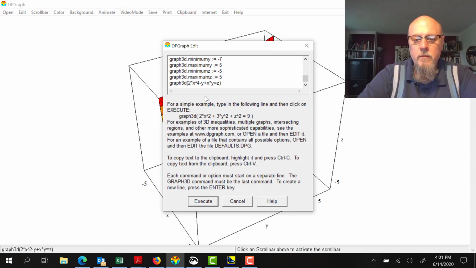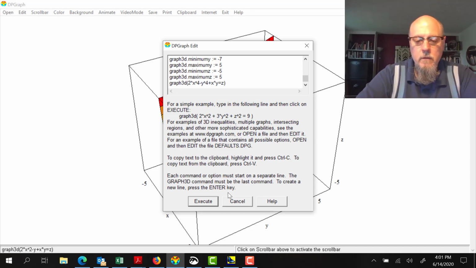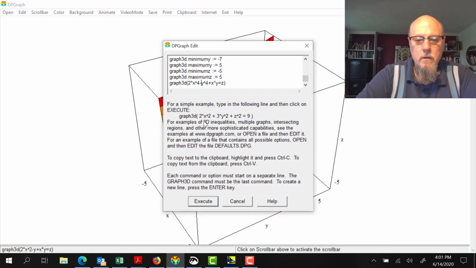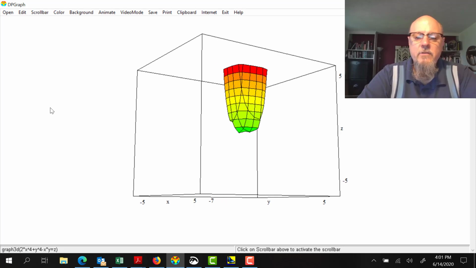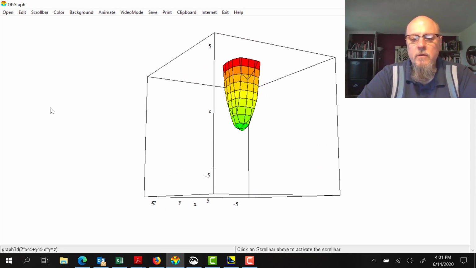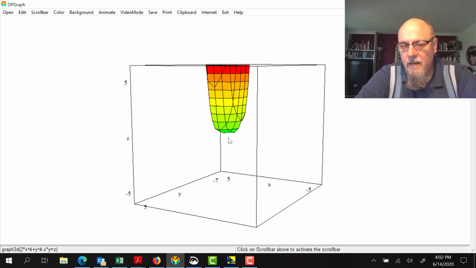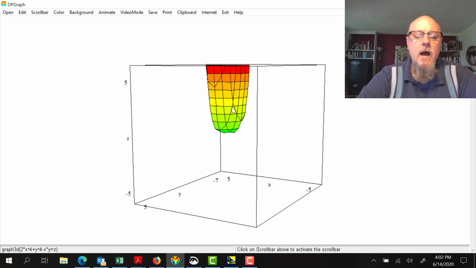Two x to the fourth, y to the fourth, minus xy. When I draw it like that, it's hard to see, right? The algebra is telling me that I'm getting these two little tips down that are the minimum.